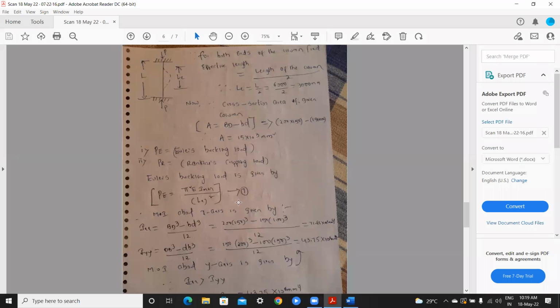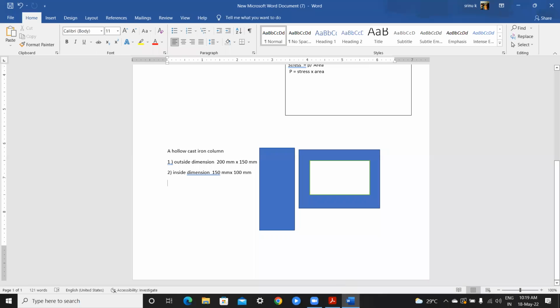So what is the first condition for us? Both ends of the column are fixed. So what is the effective length here? If both ends of the column are fixed, then L by 2.